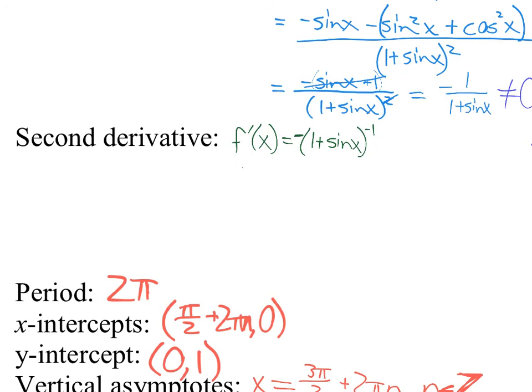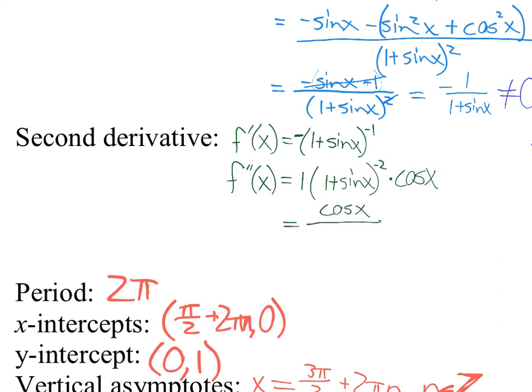So what I'll do for the second derivative is the chain rule. Negative 1 times negative 1 is 1, times 1 plus sine x to the negative 2 times cosine x. So that gives me cosine x over 1 plus sine x squared.